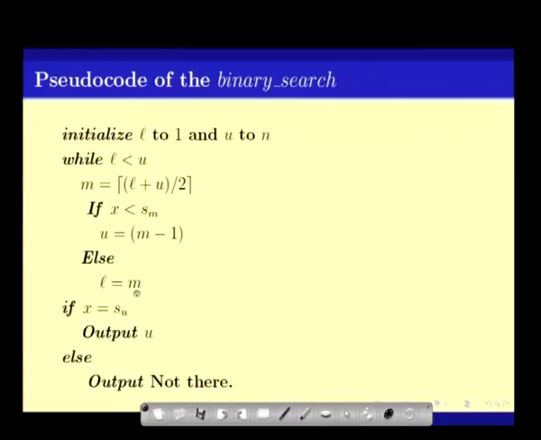So, L is equal to m, and when L becomes equal to U, then all we are left with is one element, S u or S l, which is both the same now, and then we can just check if x is equal to it.